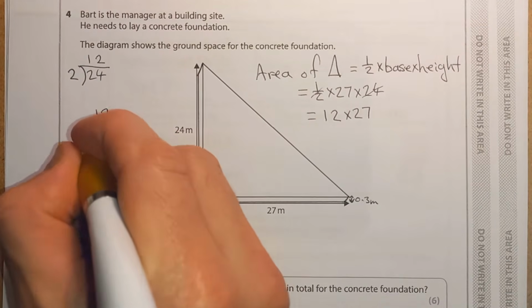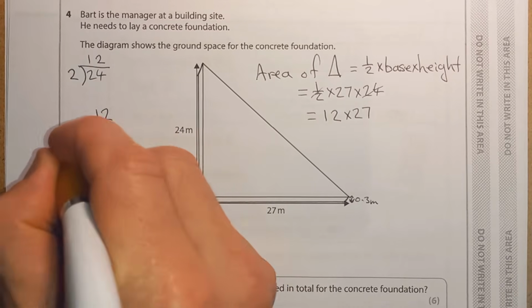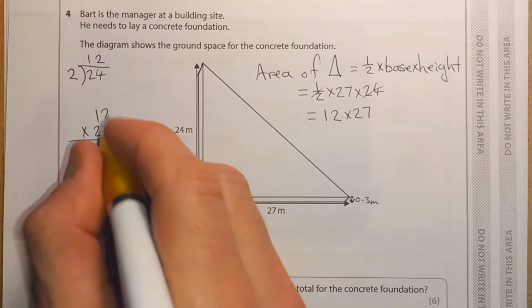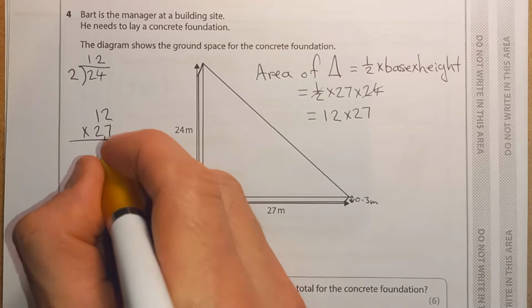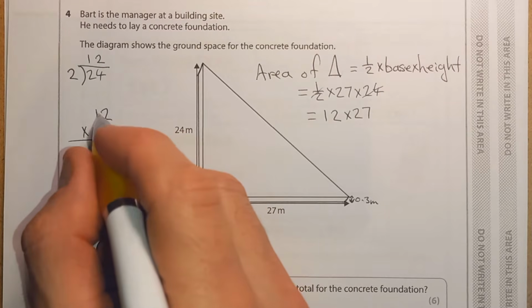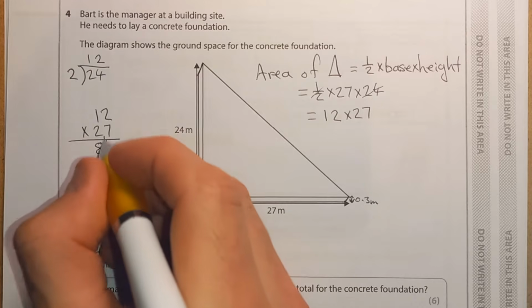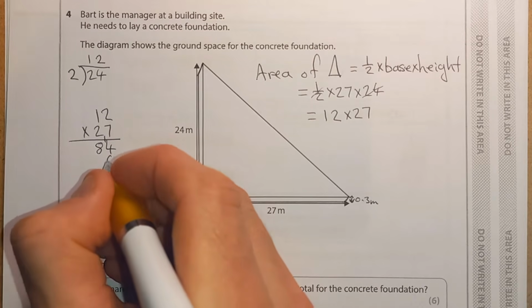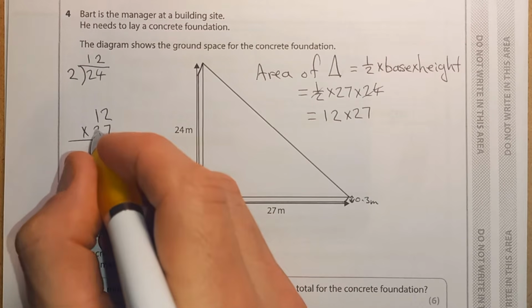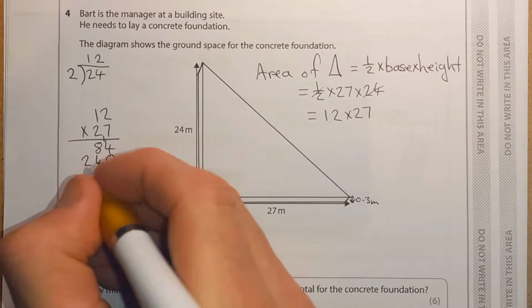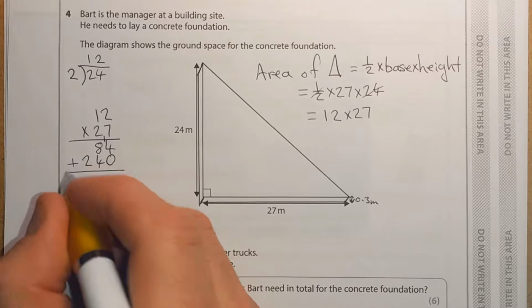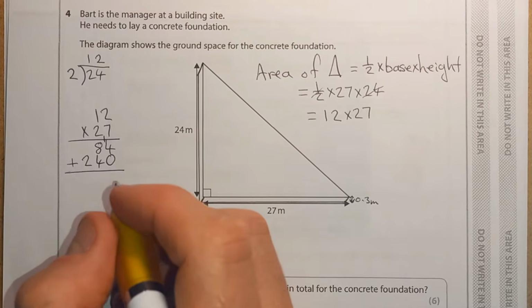So 12 times 27. 2 times 7 is 14. 1 times 7 is 7, add the 1 is 8. So we're moving over to the 10, so we can put a 0 here. 2 times 2 is 4. 2 times 1 is 2. So we need to add these together.